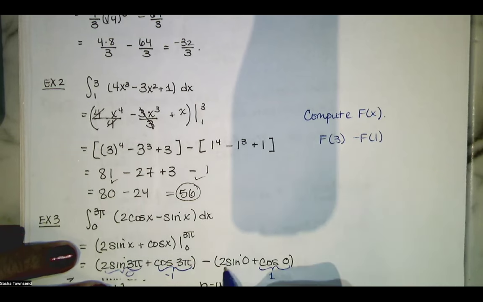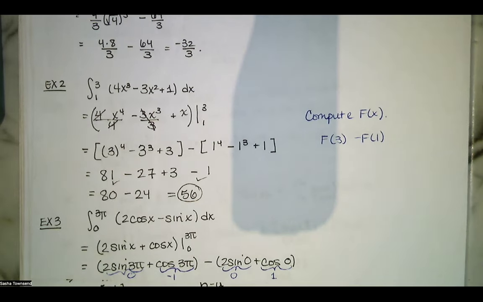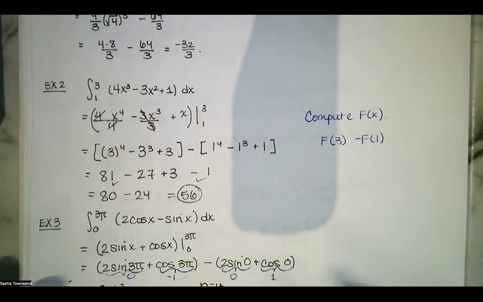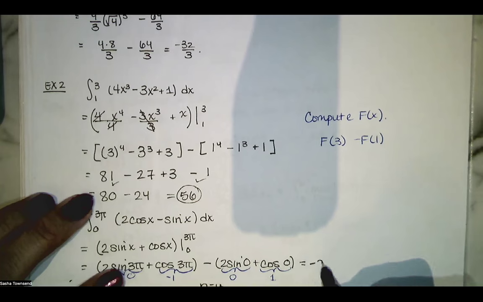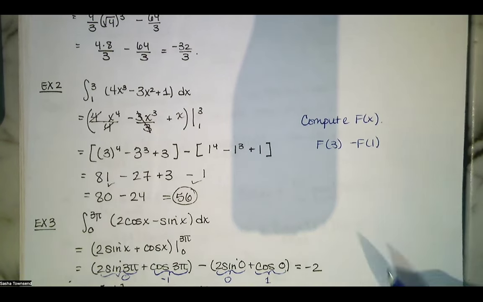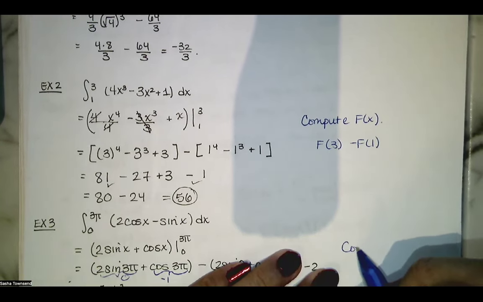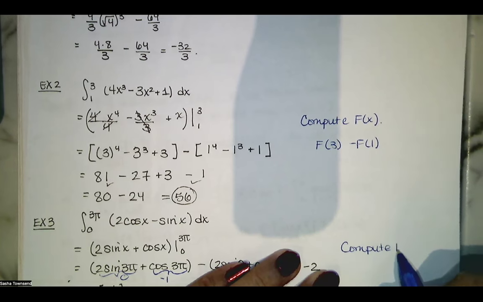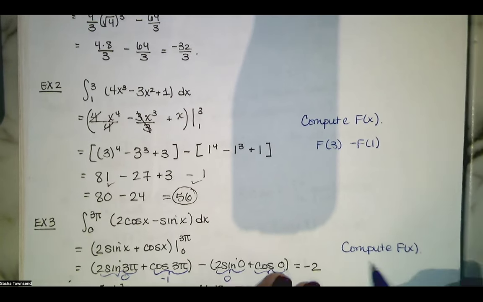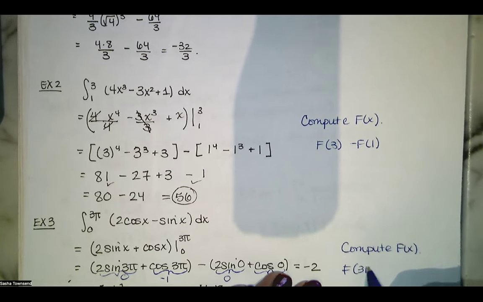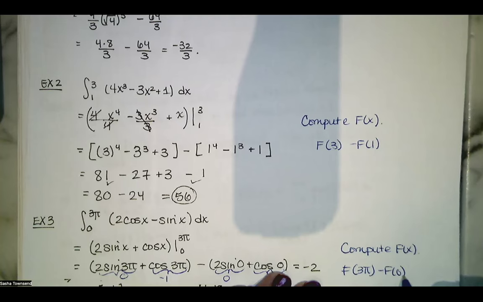Sine of 3 pi and sine of 0 are both 0. So I end up with negative 1 minus 1, which is negative 2. So very, very easy. We just compute the antiderivative using our rules and then evaluate at 3 pi and 0.